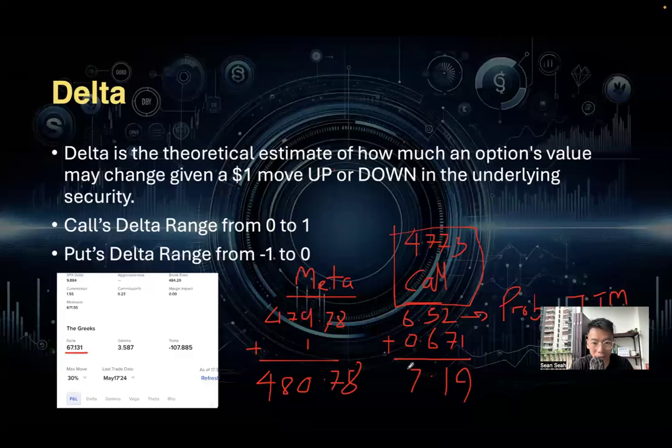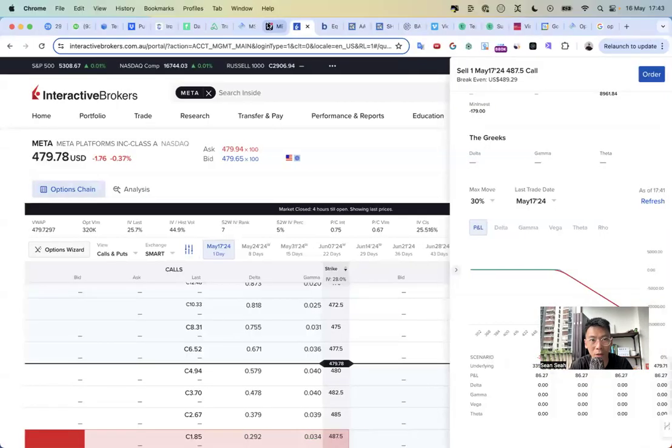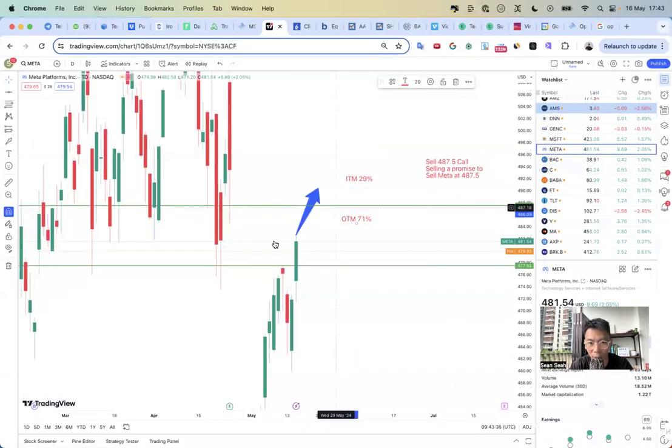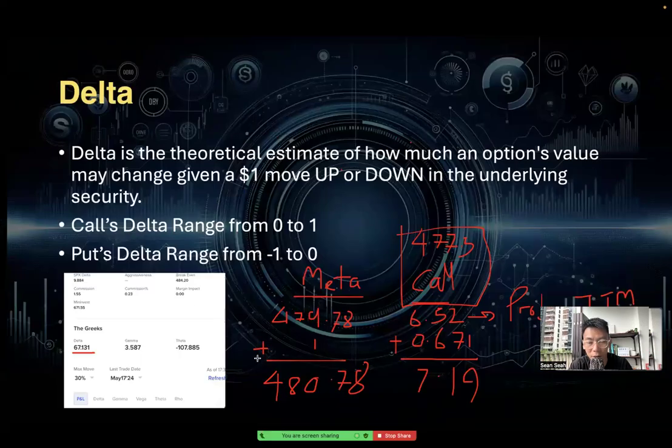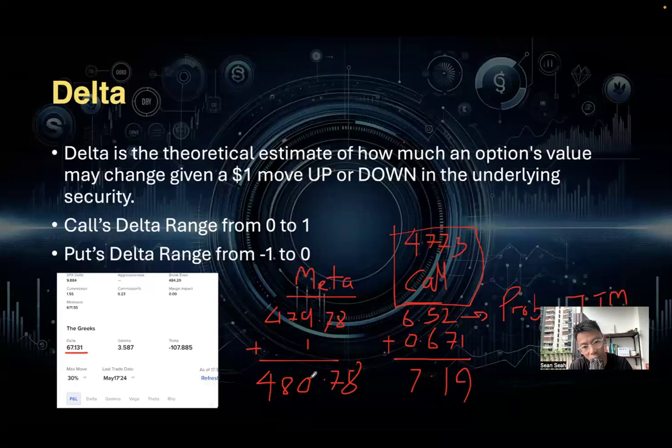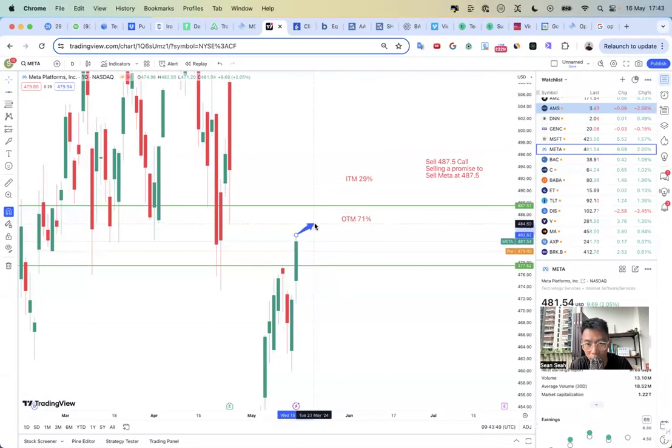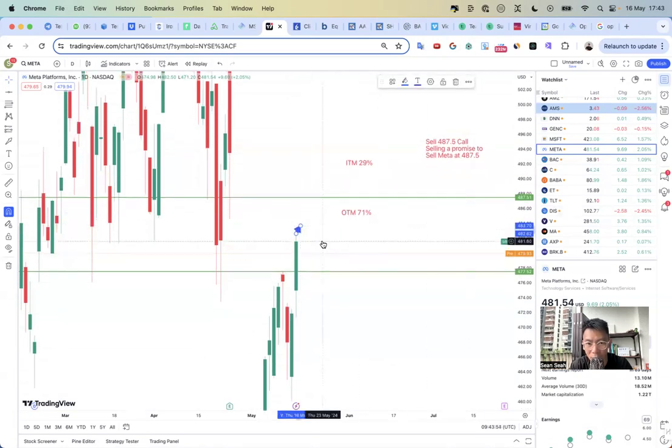So when it becomes 480, this particular option at 477.5, let's take a look at it visually. Let's go back to 477.5. If the share price goes to 480, which is a $1 increase, it's just a little bit of an increase.